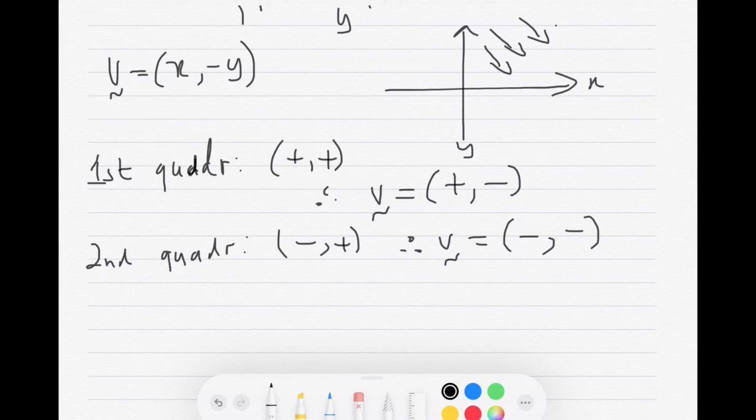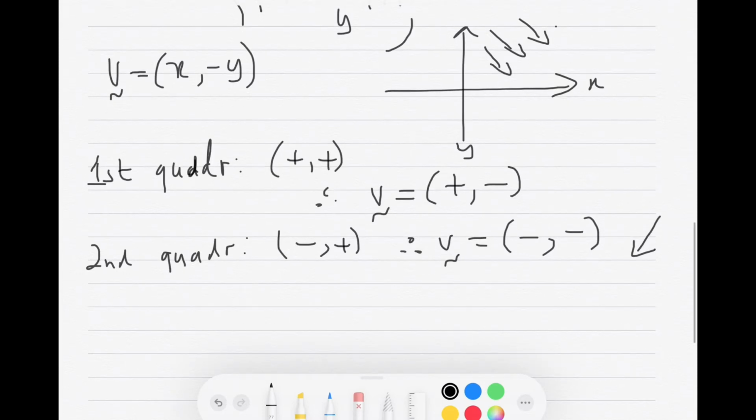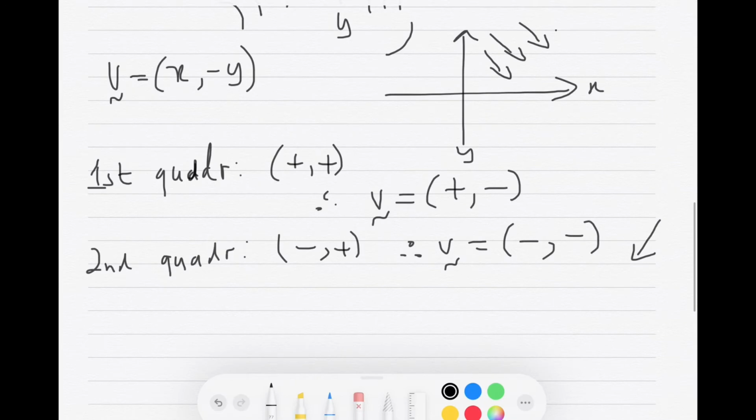A vector field with components negative, negative would be pointing down towards the third quadrant. So that in the second quadrant, we'll have vector fields that will be pointing in those directions, like so. I should say that vector fields that have the signs positive, negative point towards the fourth quadrant. That would have been in the previous case.